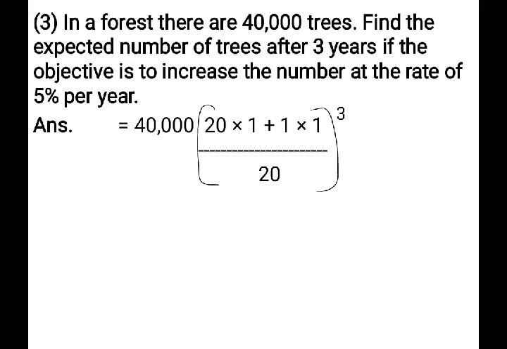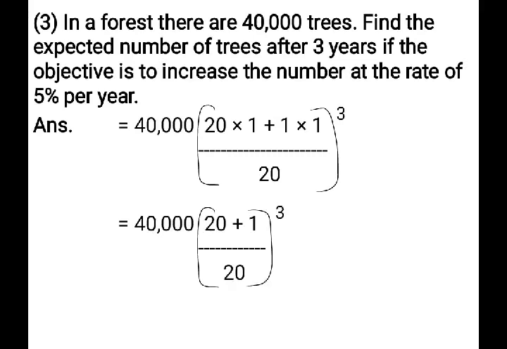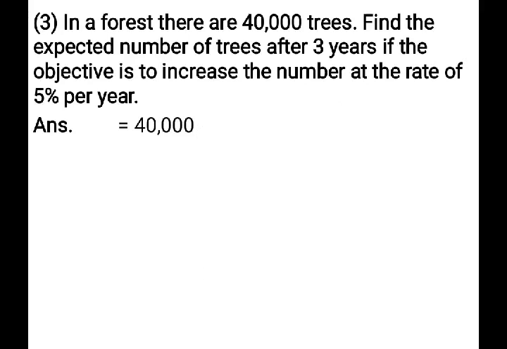That is equal to 40,000 in bracket 20 ones are 20 plus 1 ones are 1 upon 20 raised to 3. Now next step, you have to add the numerator in bracket. That is equal to 40,000 in bracket 20 plus 1 is 21 upon 20 raised to 3.